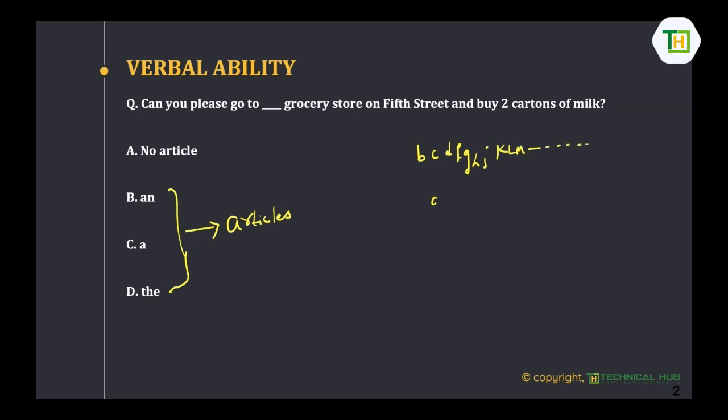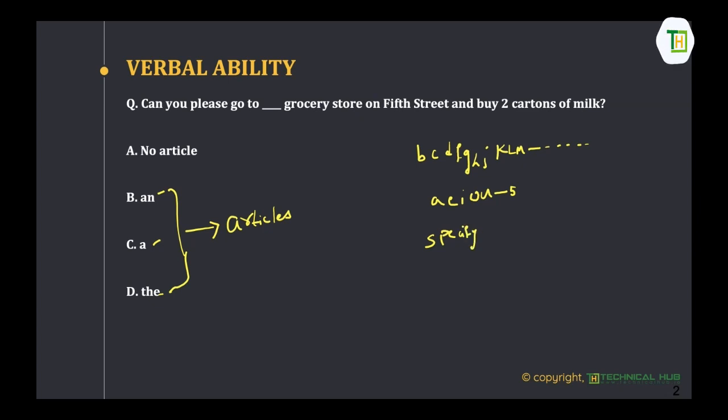The vowels are A, E, I, O, U. The other 21 letters are known as consonants, and for all the consonant sounding words we use article A. For all the vowel sounding words we use article an. Irrespective of consonant or vowel, we use article the to specify something.